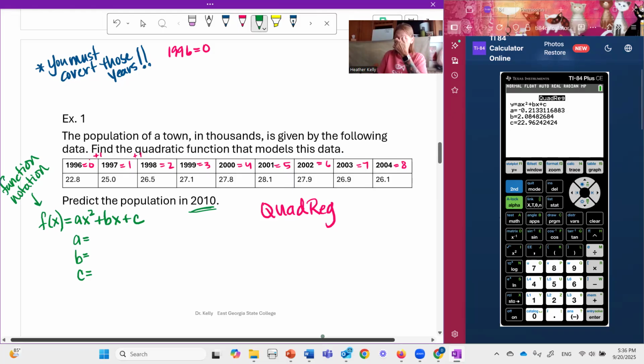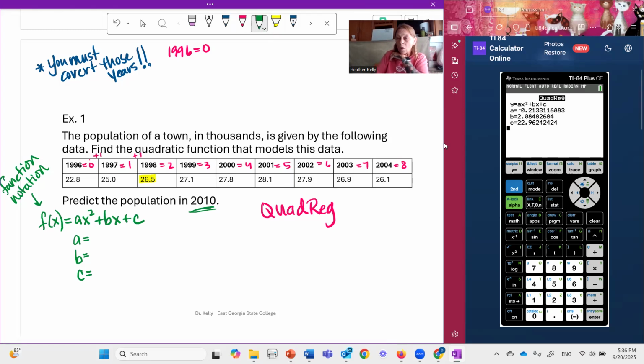Let me also remind you that our data went out one decimal place, okay? So the values that we use in our equation need to go out two decimal places.